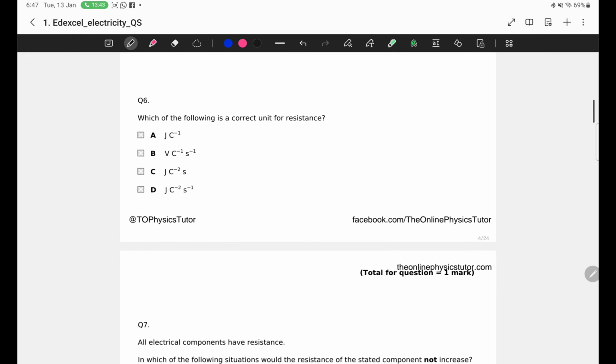Now the next question is about resistance. Resistance is V equals to IR. Voltage is work done per unit charge.